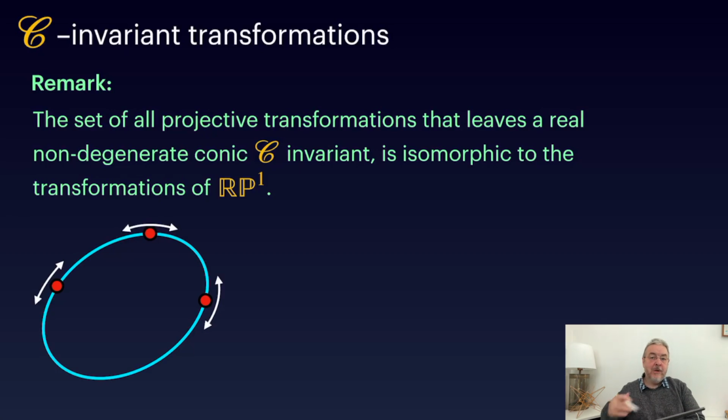And so once more we get the analogy that the conic itself can be considered as the real projective line, and that the transformations on the conic can be considered as transformations on the real projective line, and that even the fact that 3 points determine the image of such a projective transformation can be carried over to the boundary of our conic here.